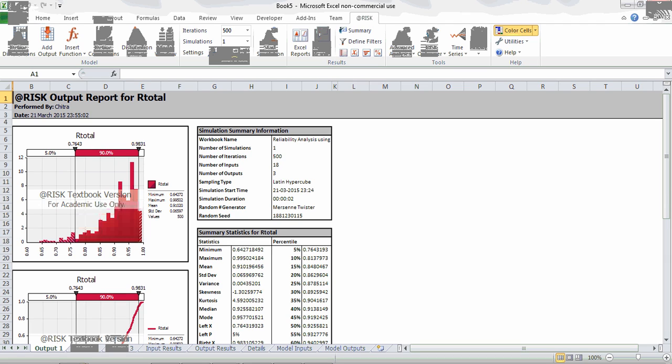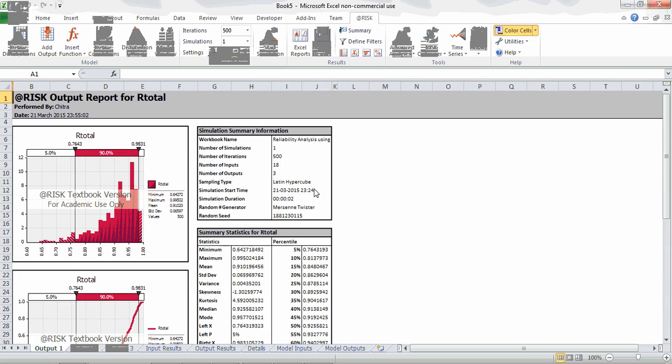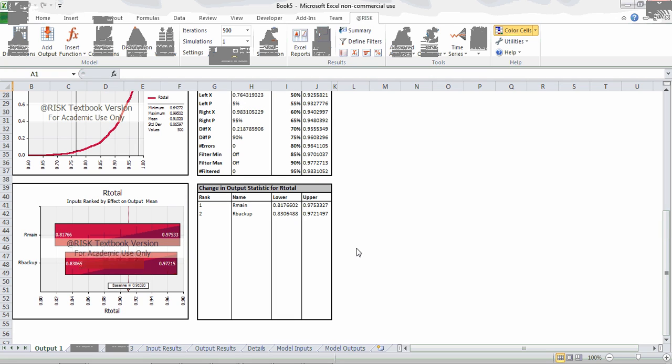As you can see, this is a risk output report for R total, and I'm using 500 iterations. The results I'm getting: the upper is 0.97, the lower is 0.817, and for backup 0.83 is the lower, the upper is 0.97.